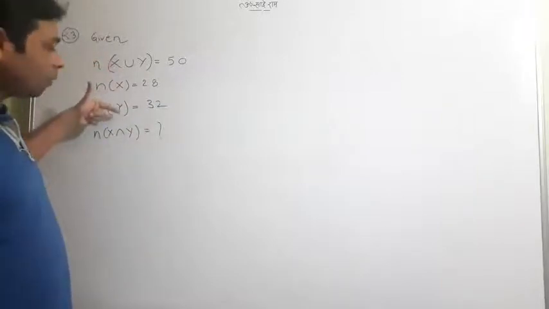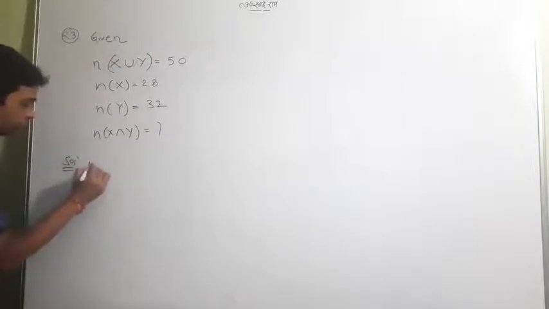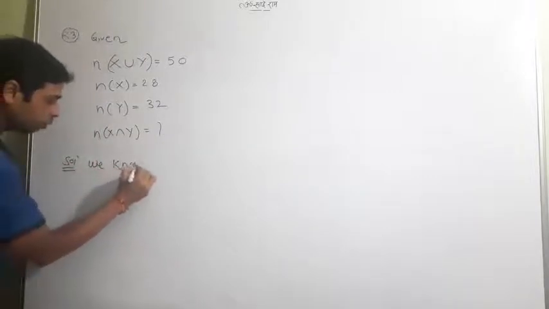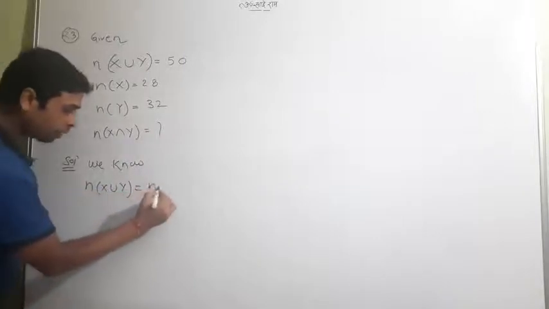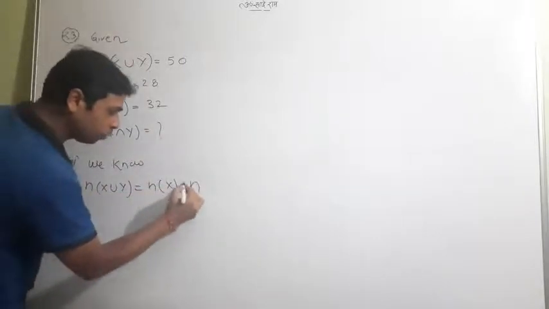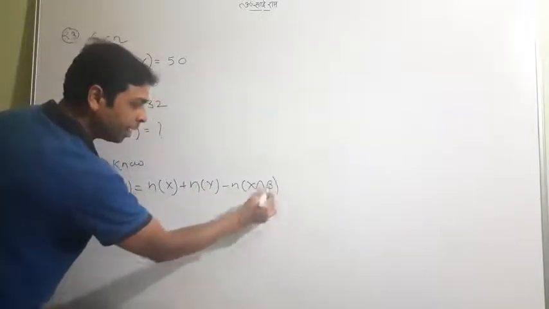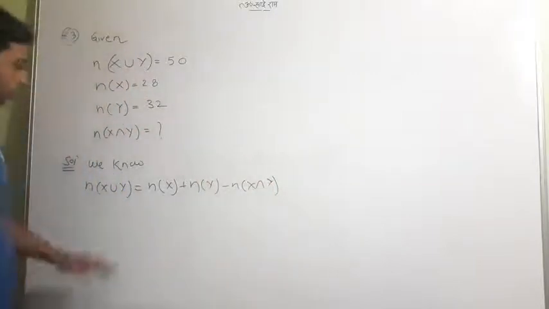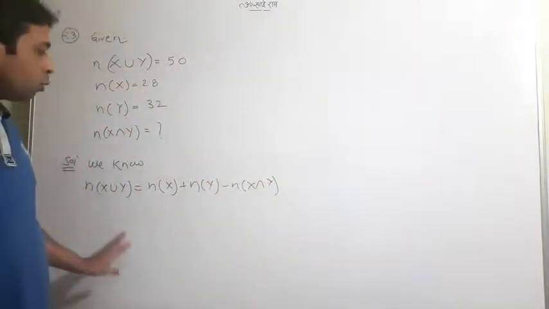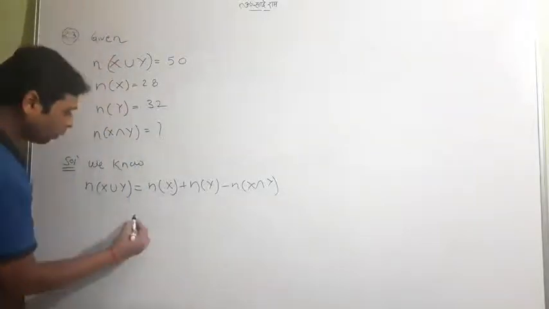Definitely whatever values are given, we will follow. In the solution we will follow. We know that N of X union Y is equal to, as I wrote the formula before, you remember that? In A and B I had written, this time it is X and Y. So this is the formula. Look at it: N of X union Y is equal to N of X plus N of Y minus N of X intersection Y. Now you can put in the values.